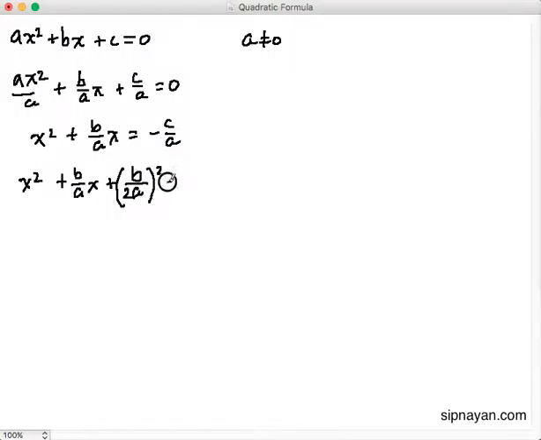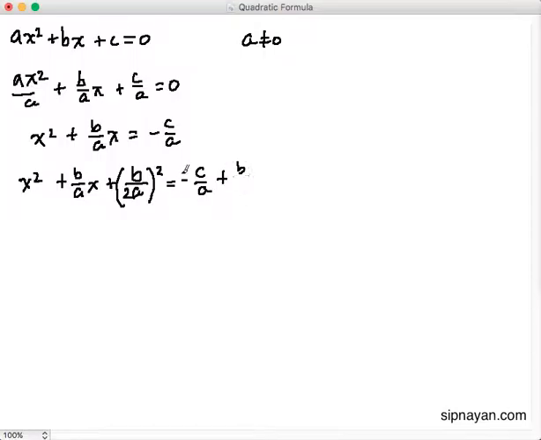Okay? So, which is equal to negative c over a plus also b over 2a, diba? Squared also. So, of course, whatever you do on the left-hand side of the equation, you also do on the right-hand side.